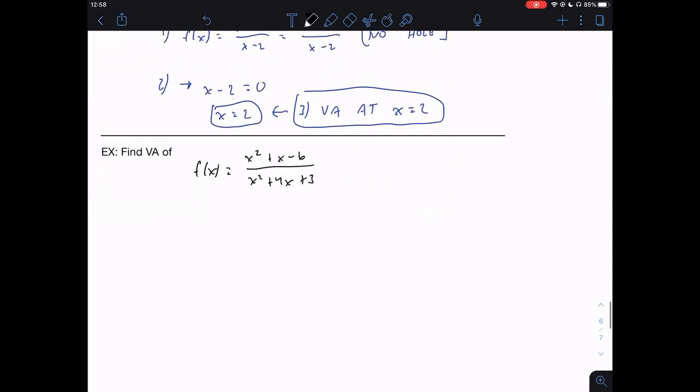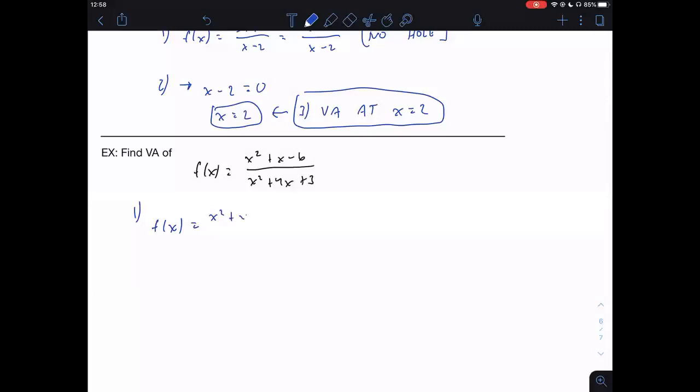Again, the first step we want to try to do here is, can we simplify this given function? So here we have x squared plus x minus 6 over x squared plus 4x plus 3. Let's factor this quadratic on top and the bottom.